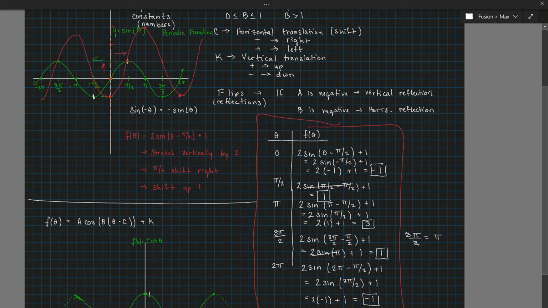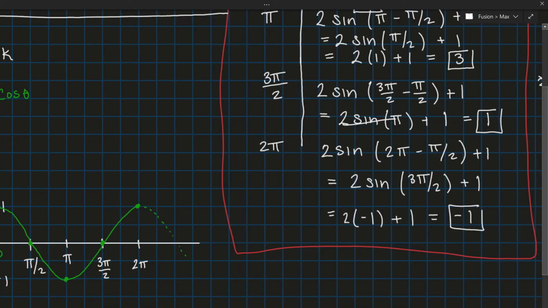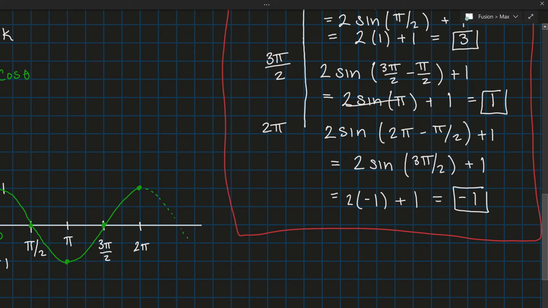But other than that, if we shift it to the left by that, they're the exact same function. And in fact, that's an important identity that we'll come up with in a little bit, which is that cosine of theta is the same thing as sine of theta minus pi over 2. No, I wrote that wrong.